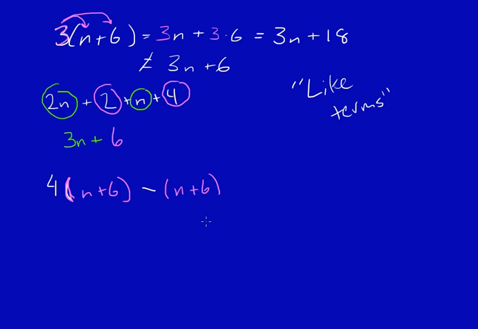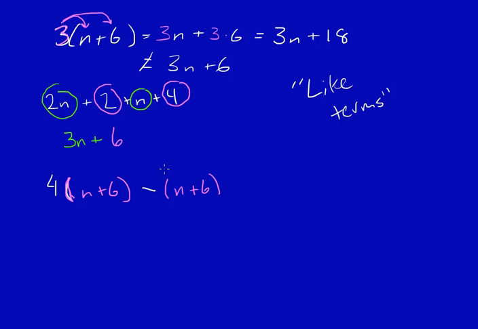Now there's 2 ways to do this. One way is to do the distributive property twice and expand this out, because right now I can't combine these n's together because this one has a coefficient attached to it. It's being multiplied, and this one also has a coefficient, and they're grouped together. You just can't mix them yet.